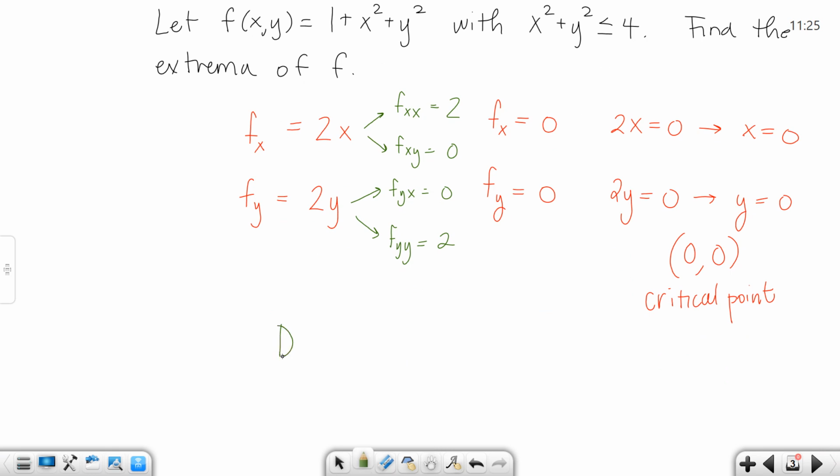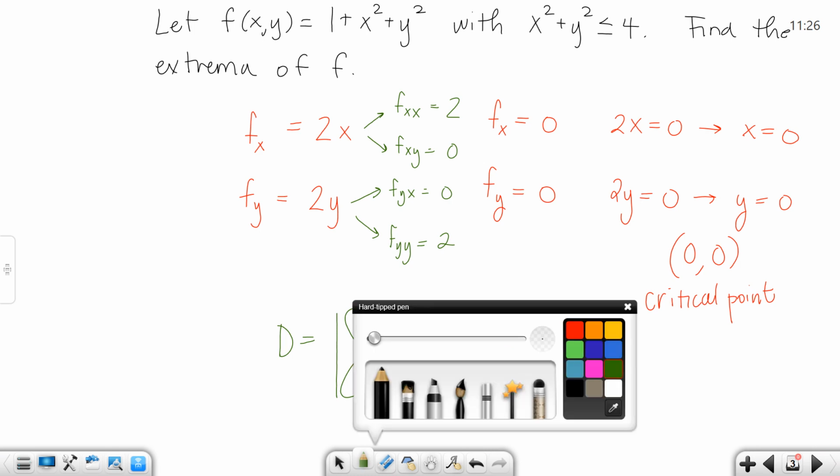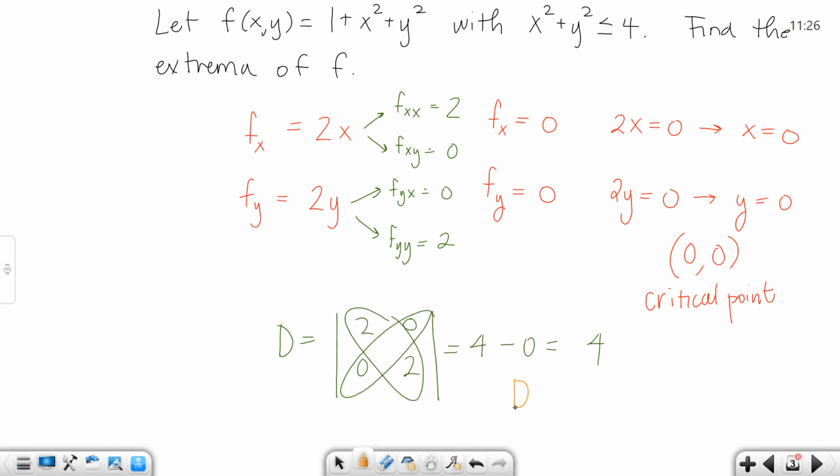Taking our determinant, we'll have a 2 and a 0, and a 0 and a 2. Remember you take your main diagonal, which is 4, minus your second diagonal, which is 0, and so you get a value of 4. So D is 4, which means it's greater than 0.